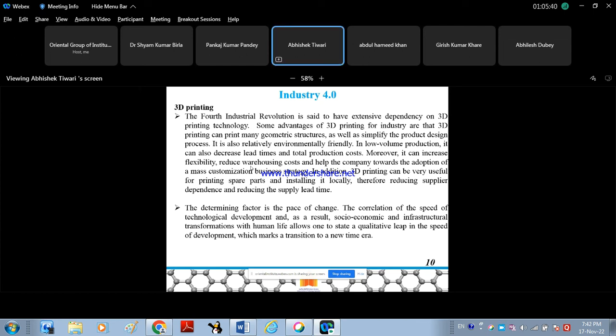It is also relatively environmentally friendly. In low volume production, it can also decrease lead times and total production cost. Moreover, it can increase flexibility, reduce warehousing costs, and help companies towards adoption of a mass customization business strategy.